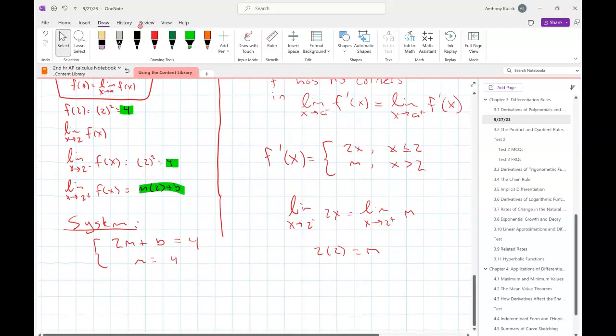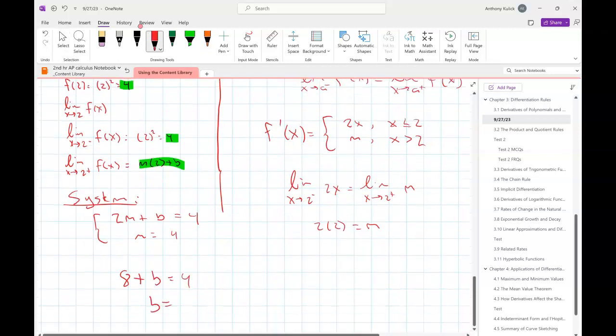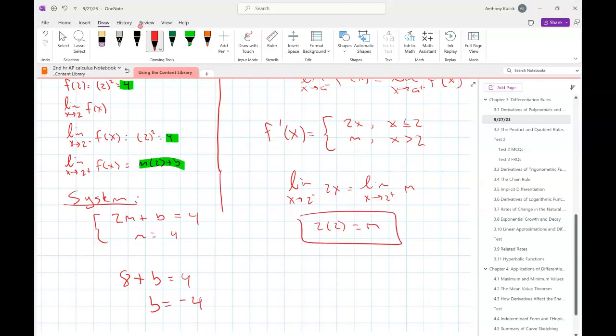Oh, well, that's a really easy system to solve then. So 8 plus b has to be 4. So b has to be negative 4. And that ought to do it.